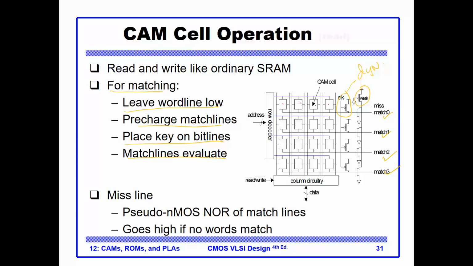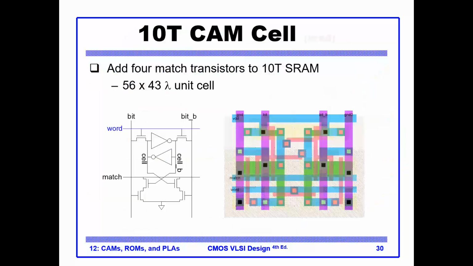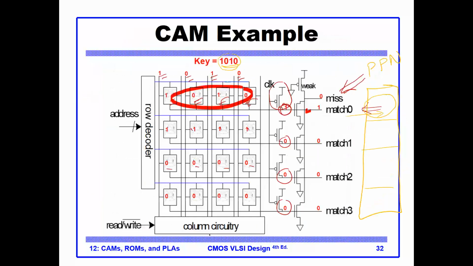The miss line, which is this one here, is a pseudo-NMOS. Basically, if all these NMOS transistors are off, then the output goes high. I think I have said all I wanted to say for the CAM, and thank you very much.